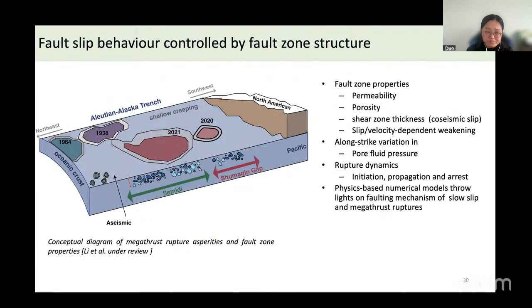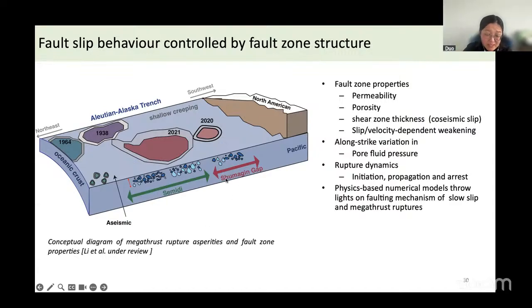So at the end, with this simulation, we try to build a conceptual model to explain the relation between slow slip and the earthquake patch and the surface deformation.